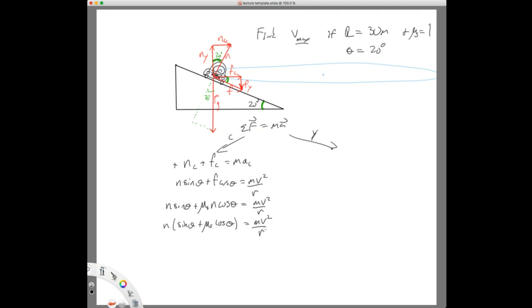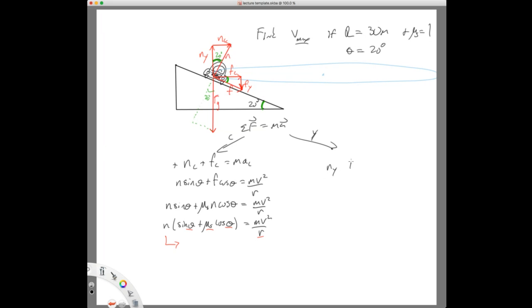So the question is, just like before, we know theta, and we know mu, and we know r. We don't know the mass. I'm hoping it will cancel. But normal force, we've got to find the normal force. This is a common theme. So we go to the y equation, and we have three y components: normal y, friction y, and gravity y.